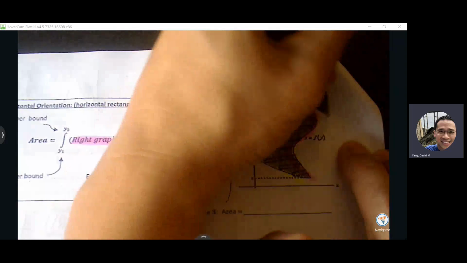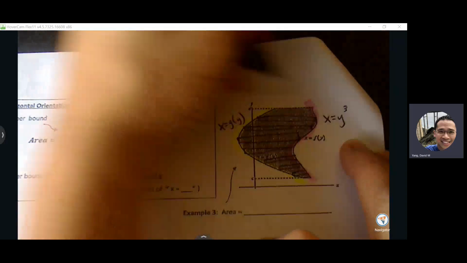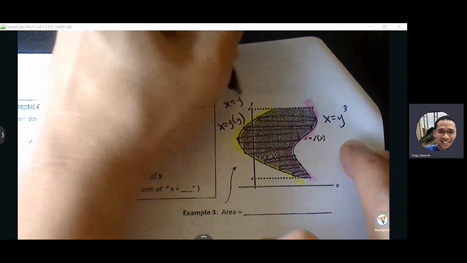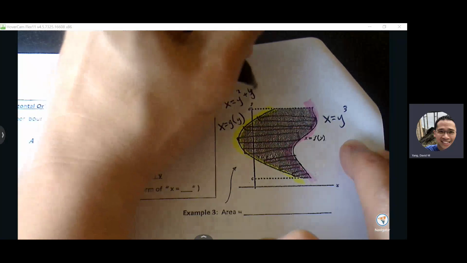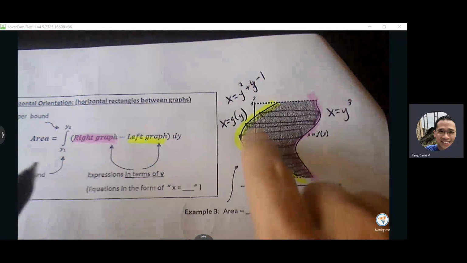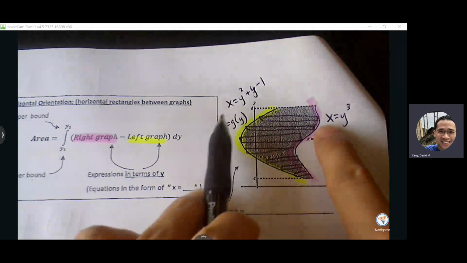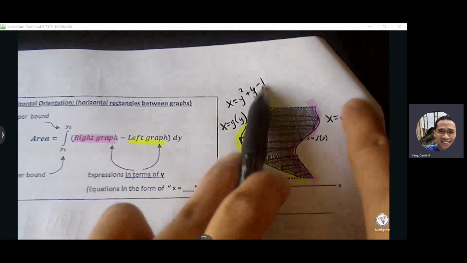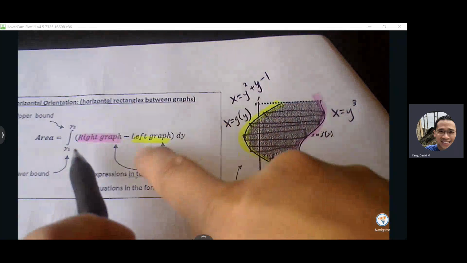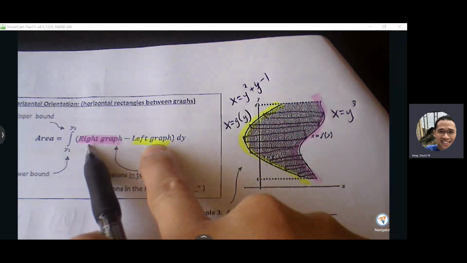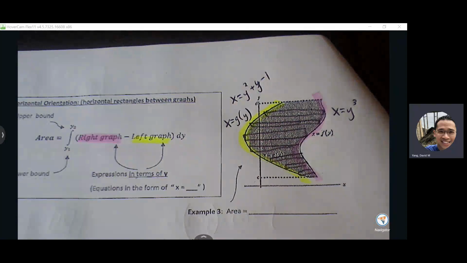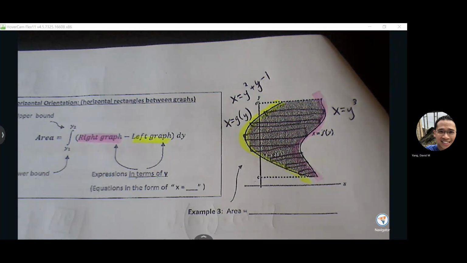So for instance, this could be x equals y cubed, and this could be x equals y squared plus y minus 1. You see that your equations will always take on the form of x equals on the left, but then what gets inserted into the formula is all in terms of y. Kind of backwards, right? Because these are not functions, but we still need to be able to work with these equations.